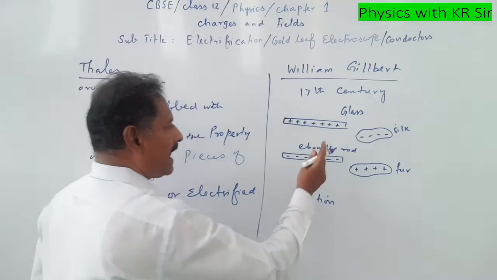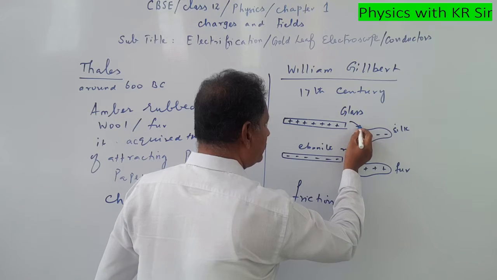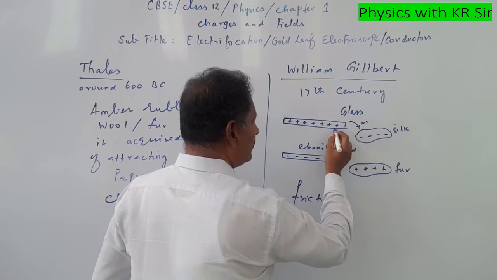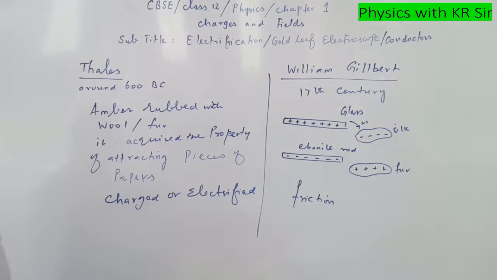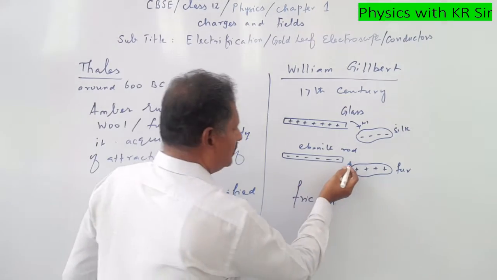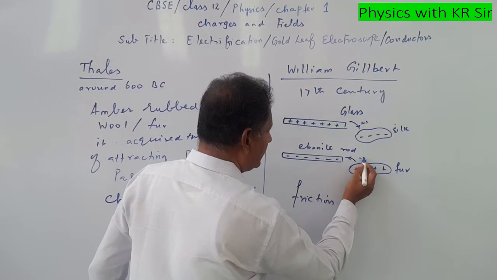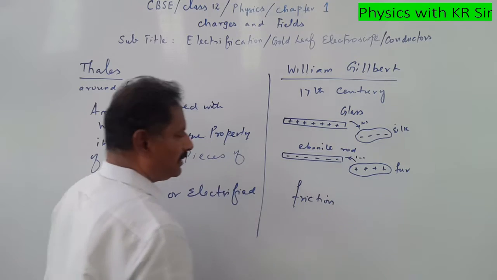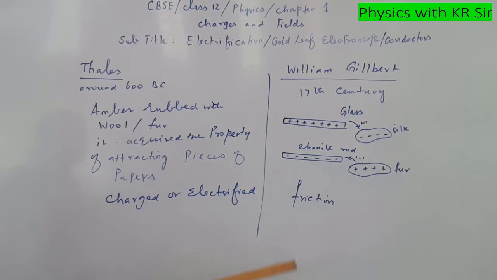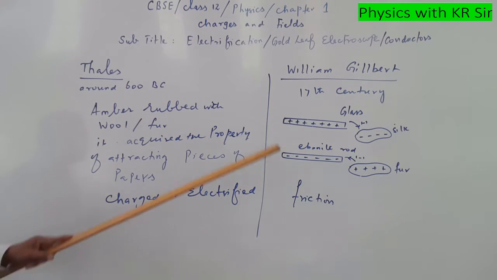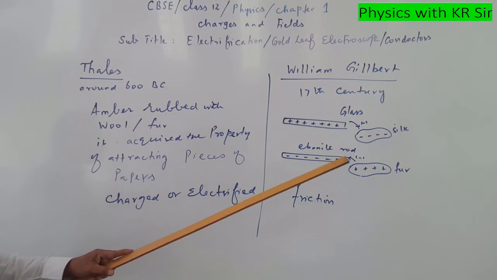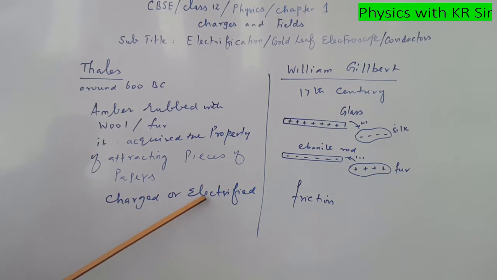For example, there is transfer of negative charges from glass to silk. There is transfer of negative charges from fur to ebonite. So, because of friction, glass, ebonite, nylon are electrified or charged.